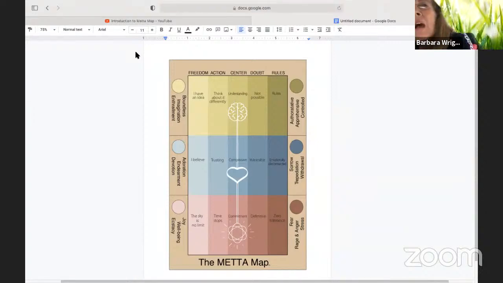So that's how it came about, and the idea of being able to chart out each aspect of that mind, heart, energetic intelligence. Intelligence meaning the way you take in information and express information.